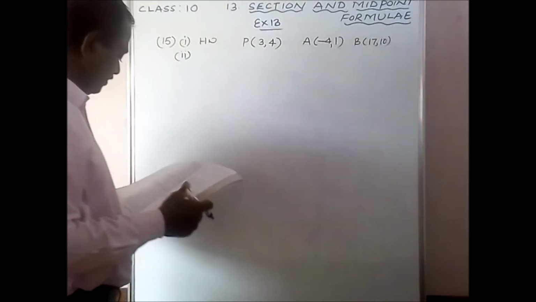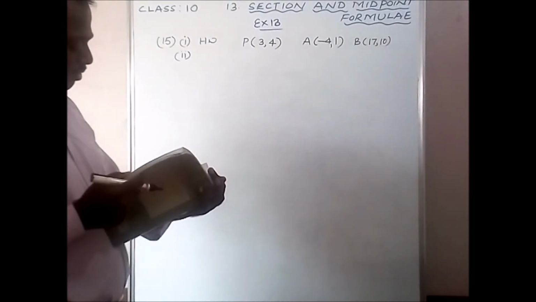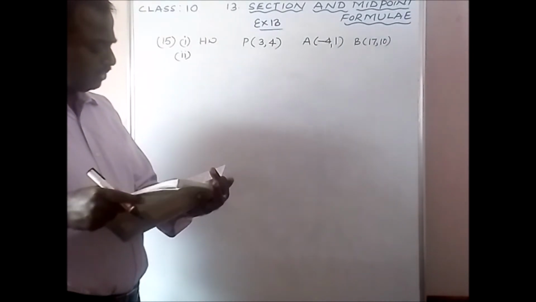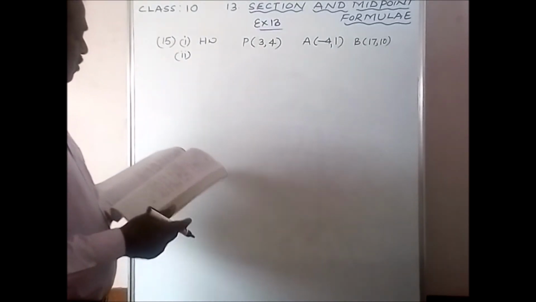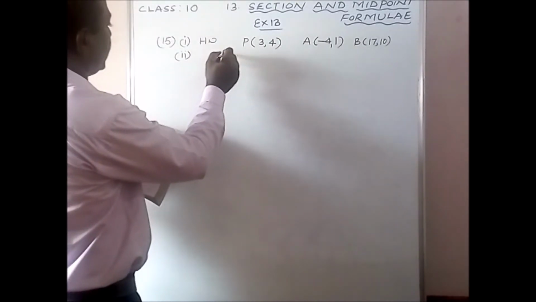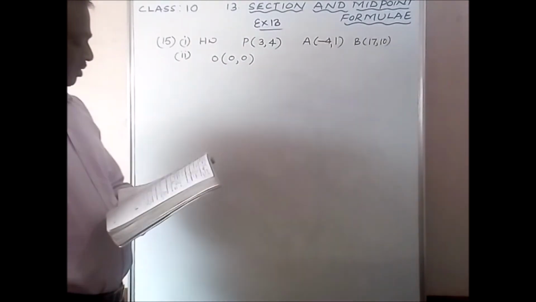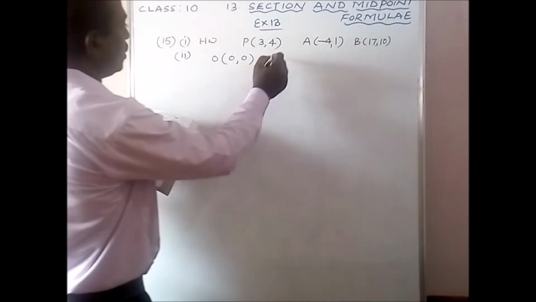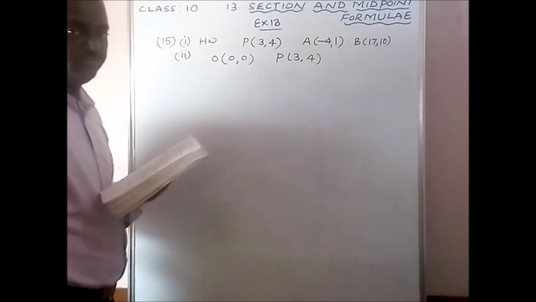Now calculate the distance OP where O is the origin. O means the coordinates (0, 0), correct? And the P coordinates we got from the first sum are (3, 4).